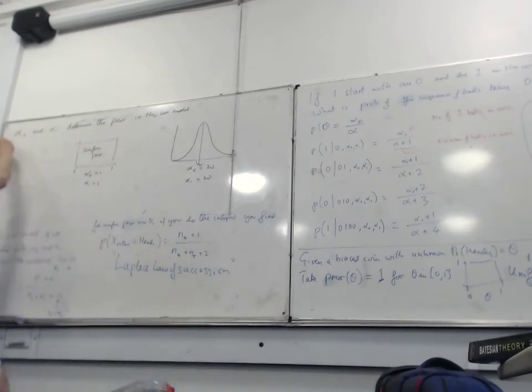Now we can have a weird prior. We could have, say, alpha 0 equals 0.1, and alpha 1 equals 0.1. So we're putting a fraction of an observation into each. What does this mean? This is a different kind of prior belief. And what you actually get is something like this.